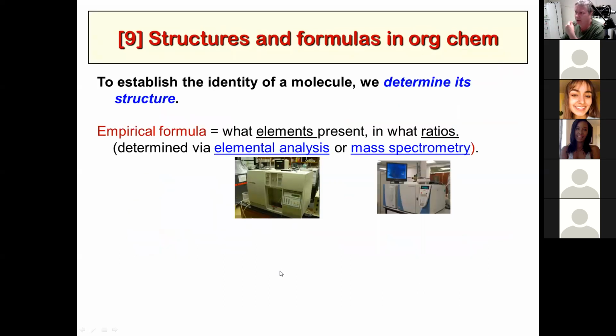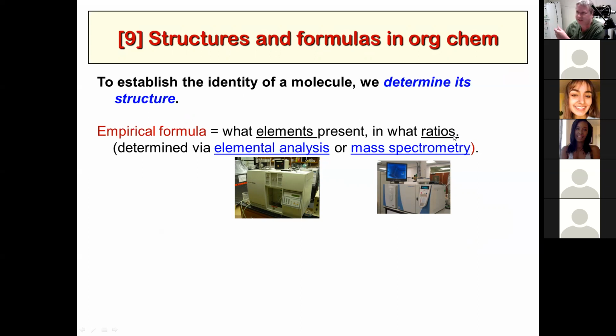All right, so how do we determine chemical structure, actually in the laboratory? You learn more about this in organic too. How do we establish a structure and figure out the chemical structure? One of the things we can do is figure out the empirical formula, which is what elements are present in what ratios.